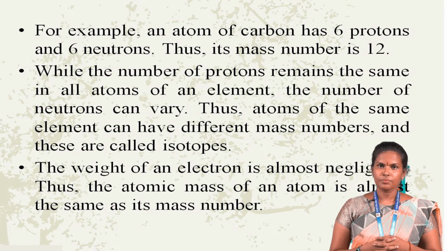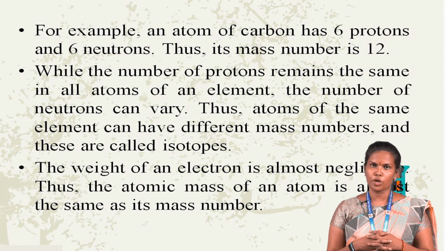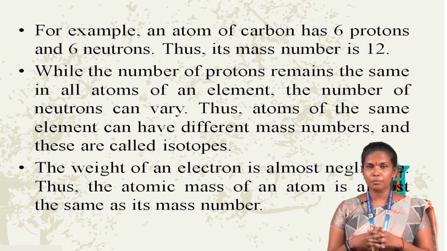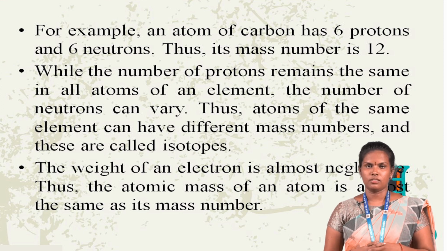For example, an atom of carbon has 6 protons and 6 neutrons. Thus, its mass number is 12.